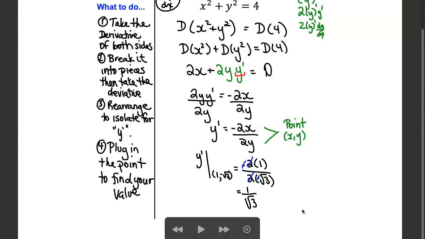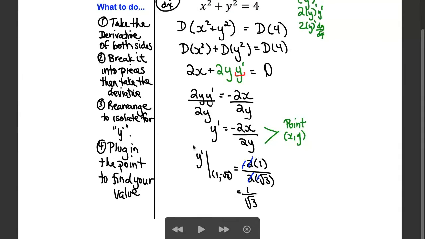The beauty of doing it this way, though, is that if I also wanted to find the derivative at other points, like the point 1, positive root 3, it's already written nicely for me. I don't have to go back and use that top function. I can just use this derivative function that I found implicitly, because it takes into consideration both the x and the y when I'm calculating my derivative.